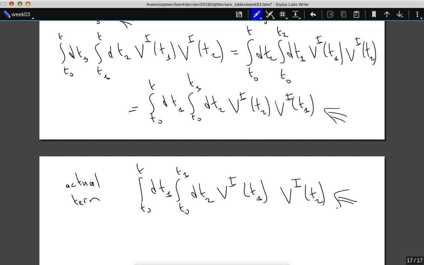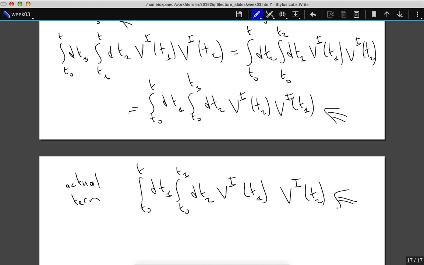So I have to somehow commute the vi's at different times. But vi at equal times they will commute, but at different times they need not commute. You see, we had already seen an example in the Heisenberg picture last week. We looked at the commutators of the position at different times, and they did not commute. Similarly here, Vi at t1 and Vi at the time t2 need not commute.